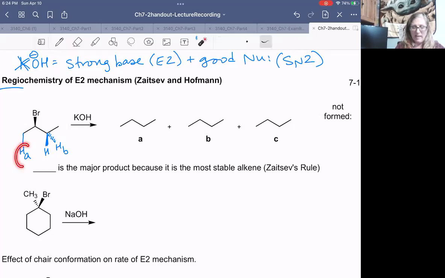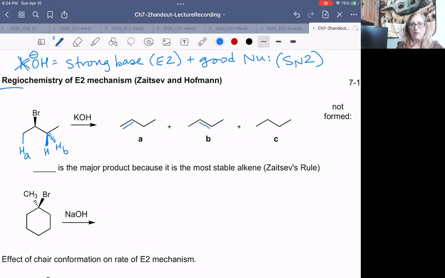If we were to eliminate HA and the bromine, our double bond would be between these first two carbons. So this would be product A. And if we lost this bromine and one of the hydrogens in the middle carbon, our double bond would end up in the middle position between the two middle carbons.